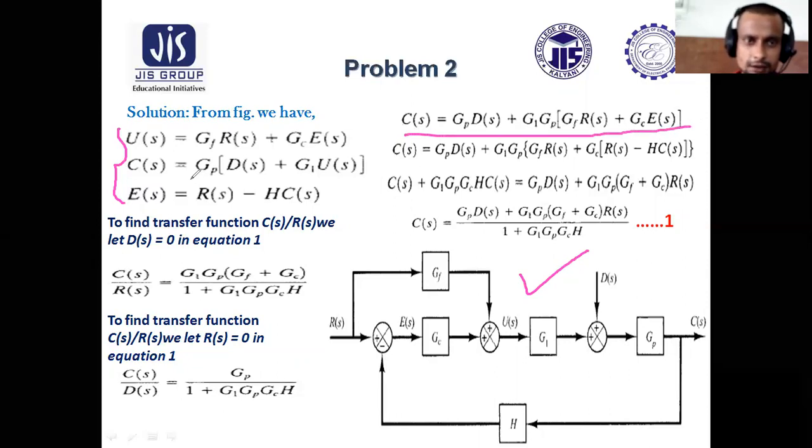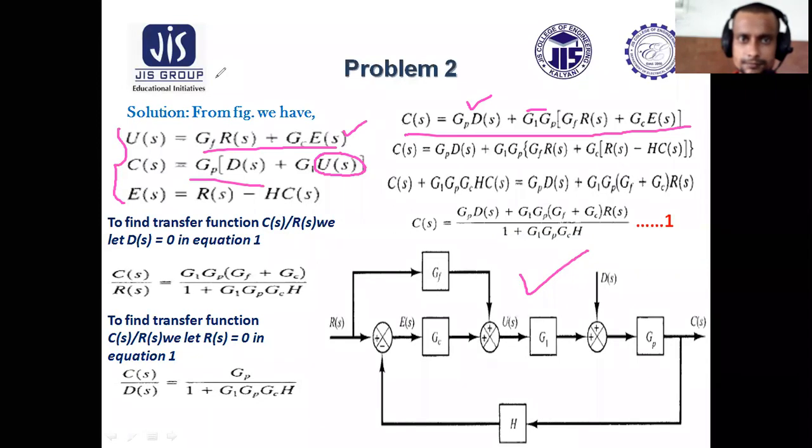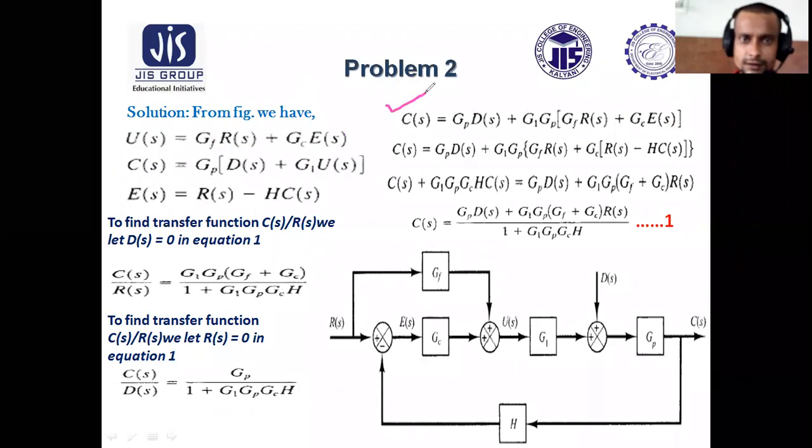CS equals to GP into DS plus GP GI US. GP GI US means what? This. So by substituting this US value in here, you will get GI GP into US will be substituted by GFRS plus GCES. Okay, so this is CS.